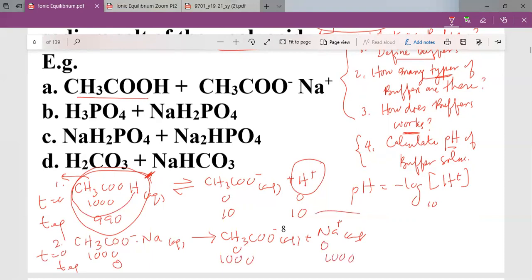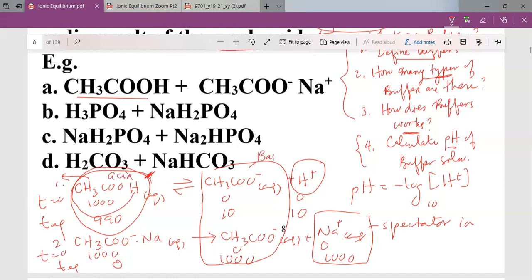Now this one is just a spectator. But this is important: remember this and this are the same. I told you if this is an acid, this fellow here is a base, because it can go backwards. It's a proton acceptor.